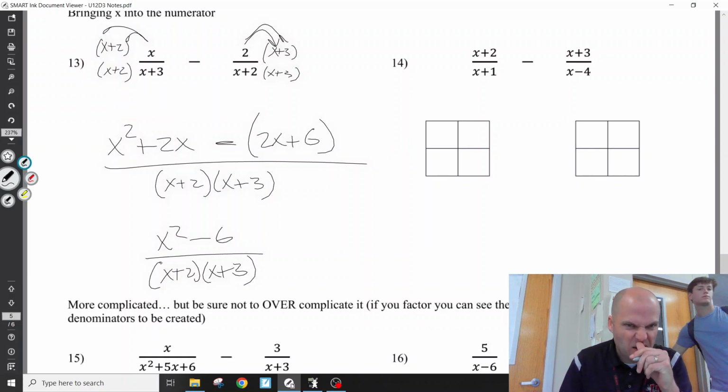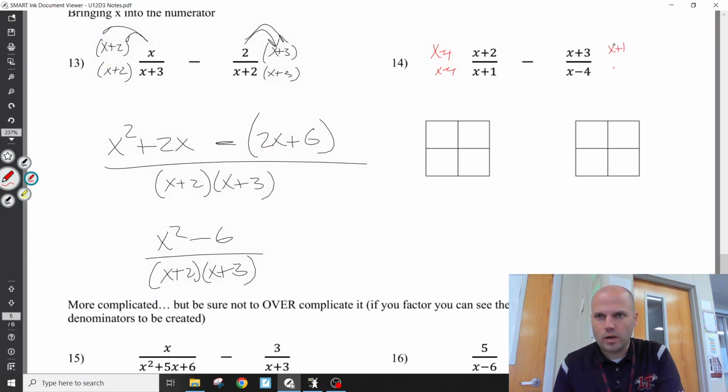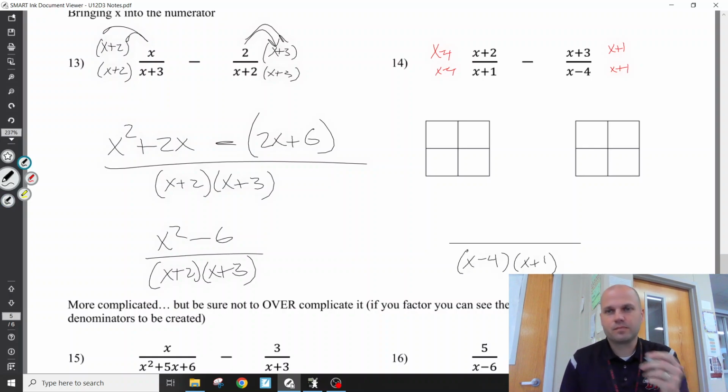Cool? Now, throwing this one at you for fun. X minus 4, x minus 4. X plus 1, x plus 1. Common denominator. My common denominator is x minus 4, x plus 1.